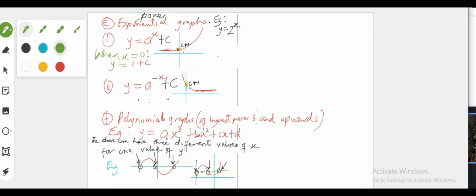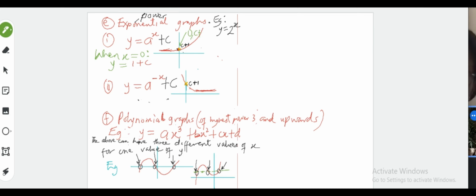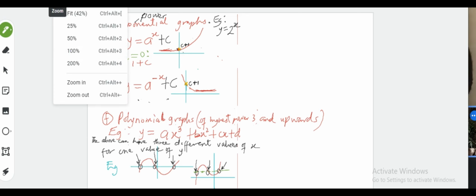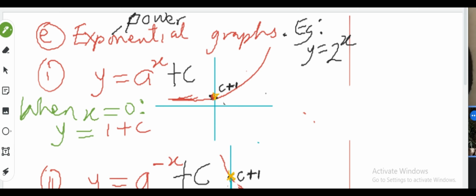Let me indicate this coordinate. I think I might have to zoom in to write it properly. Let me zoom in.